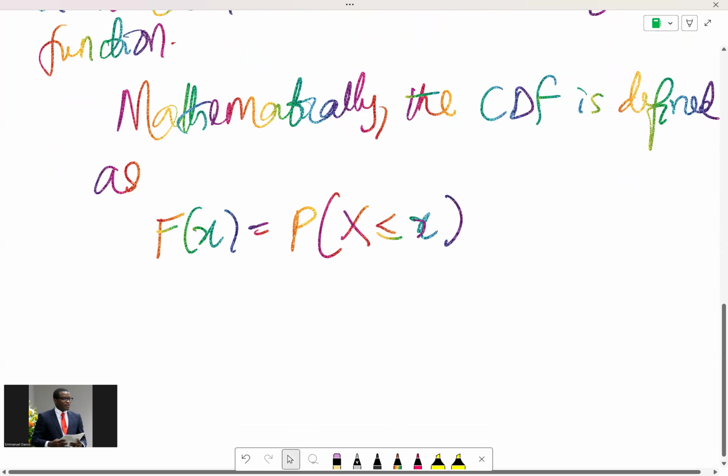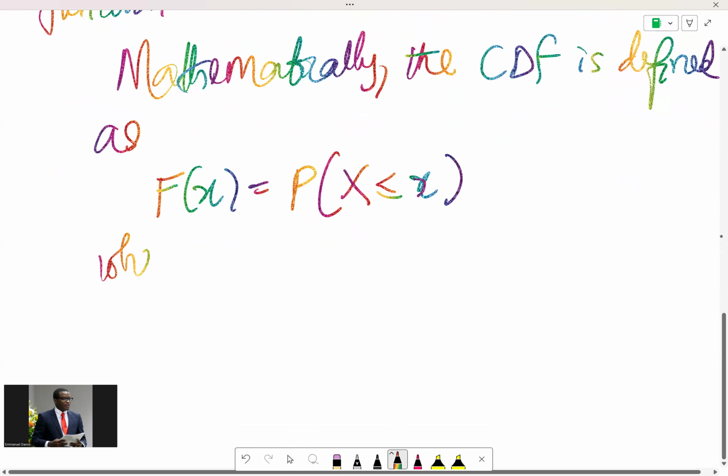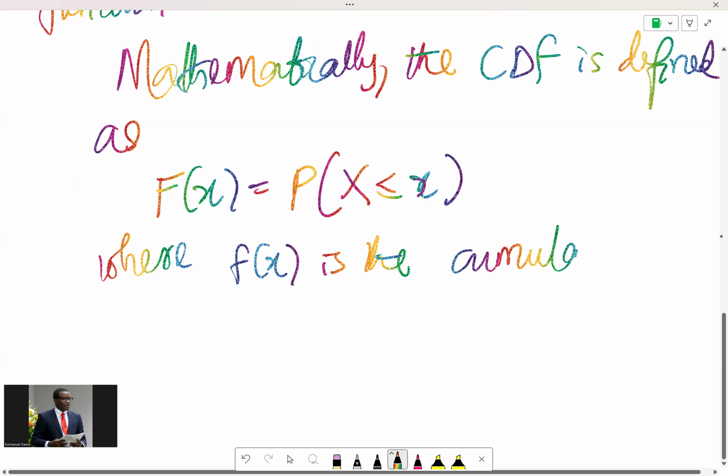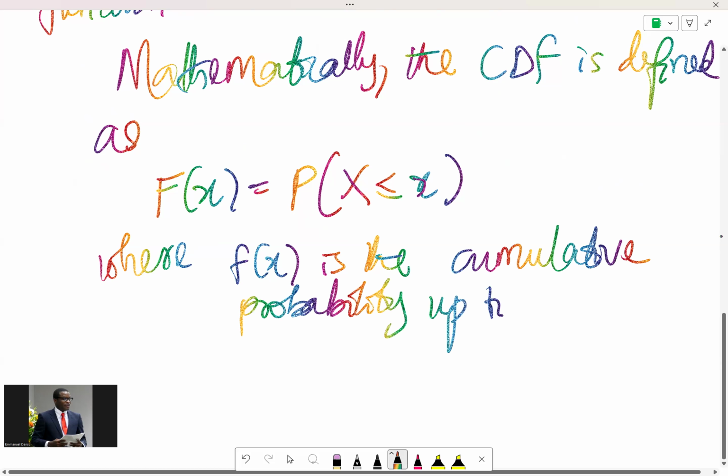Where F of x is the cumulative probability up to and including x.